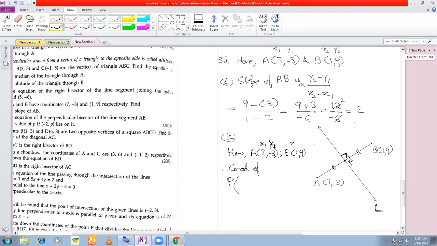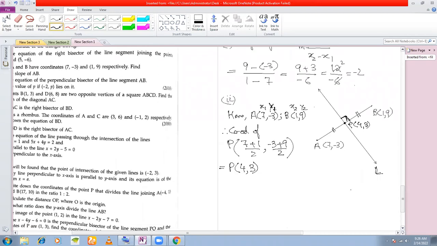So this is your x1 y1, this is your x2 y2. Which is P, 4, 6, 9 minus 3 is 6, 6 by 2 is 3. P is 4, 3. So this coordinate is 4, 3, right?